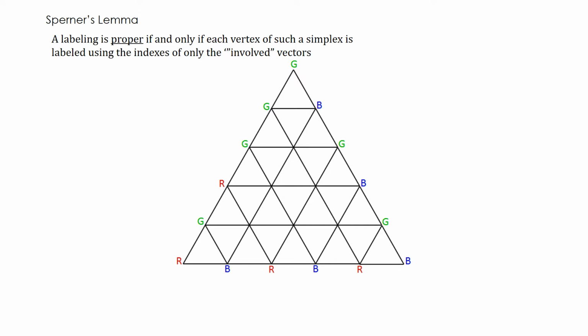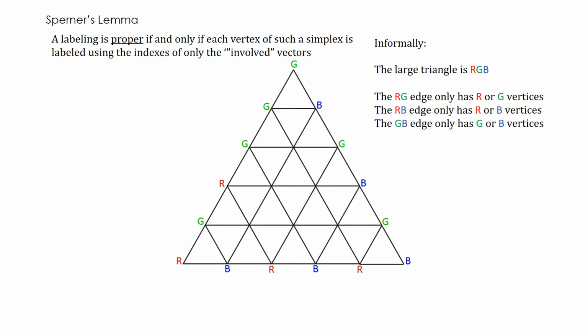A labeling is proper if and only if the vertex of a simplex is labeled using the indexes of only the involved vertices. So in other words, this is R and this is G. The involved vertices are G and R. So any vertex here can only be labeled R or G because the involved vertices are R and G. So consider this large GB edge.